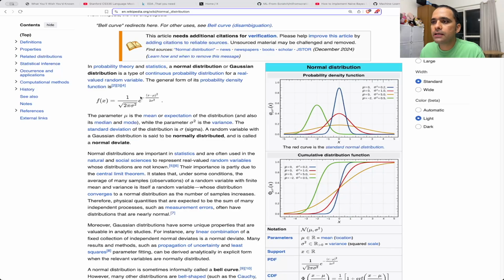We'll need to calculate this expression, 1 over square root of 2 pi sigma square, which is the variance of that particular feature for which we are evaluating the likelihood. X is xi, the value of that particular feature which we have received from x. Mu is the mean of that feature, and we need to calculate this entire expression.